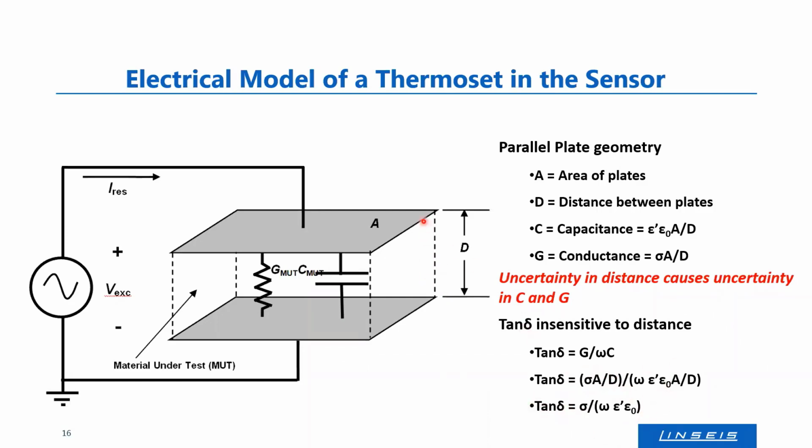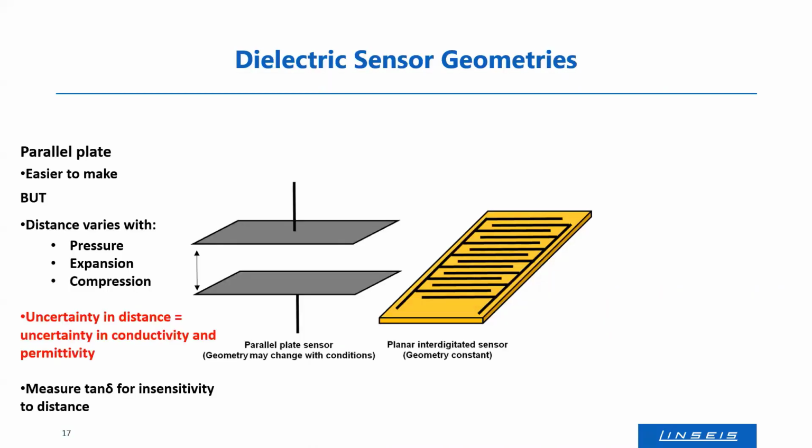And so for this setup, usually tangent delta is used as a measure, and it is insensitive to the distance. But with that setup, you do not get C and G correctly, and especially the conductance is important to monitor cure.